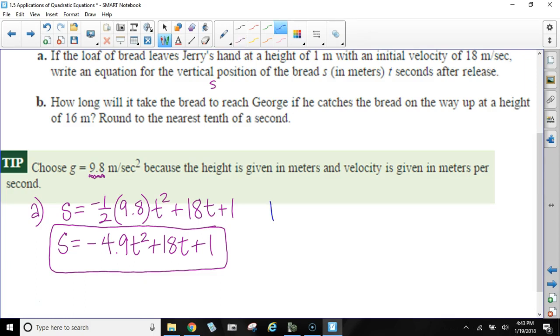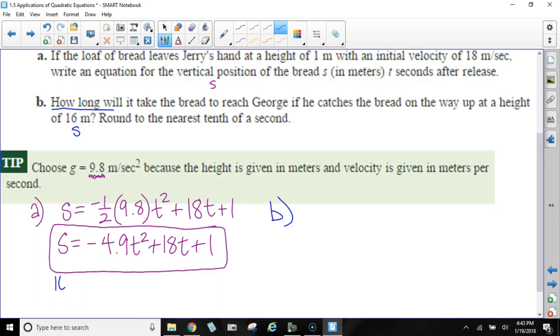On part B, it says, how long will it take the bread to reach George if he catches the bread on the way up at a height of 16 meters, round to the nearest tenth of a second? So we want to know at what time, that's what it means by how long will it take, how many seconds will it take for the bread to reach a height of 16 meters.